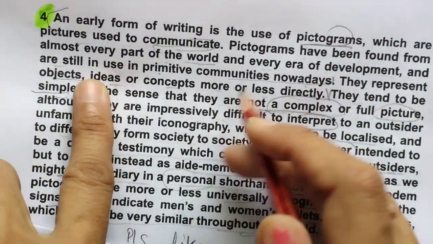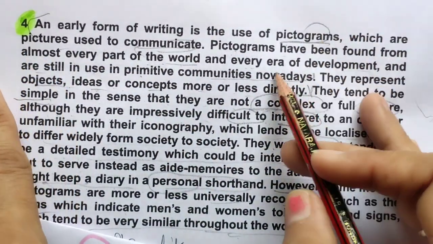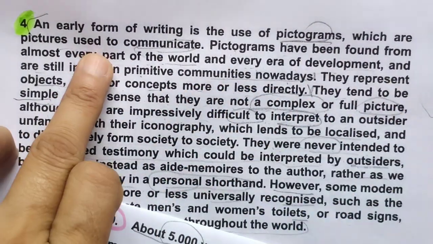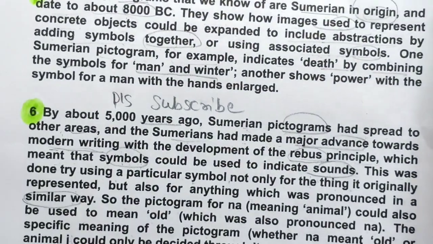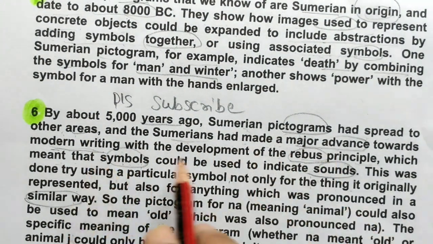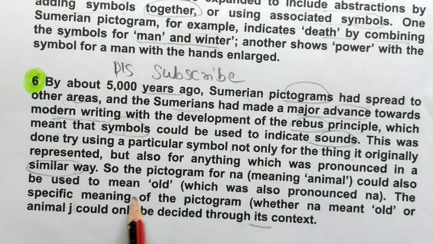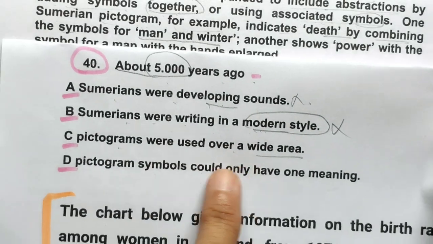Pictograms have been found from almost every part of the world and every era of development and are still in use. So here it is given, but where the 5,000 word is there, had spread to other areas. Sumerians had made a major advance. Were used over a wide area.